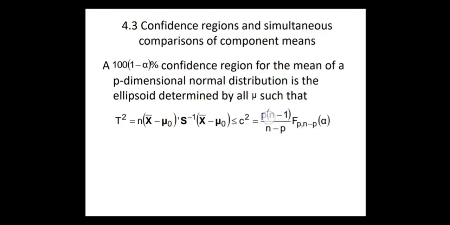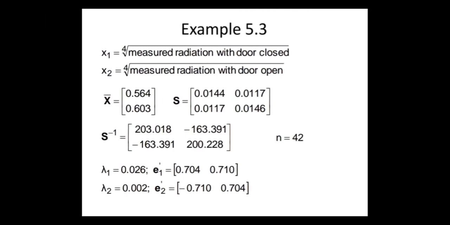Alright, p here is the number of variables involved, and n is the number of observations or sample size. Okay, we see the example from your textbook. Okay, example from your textbook, example 5.3.